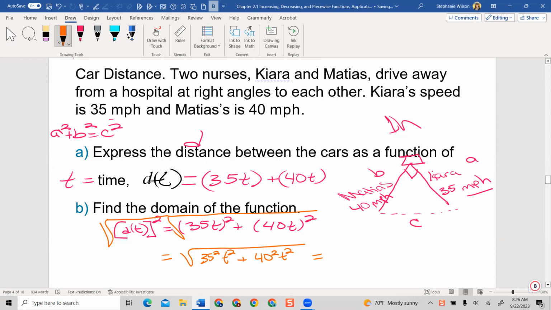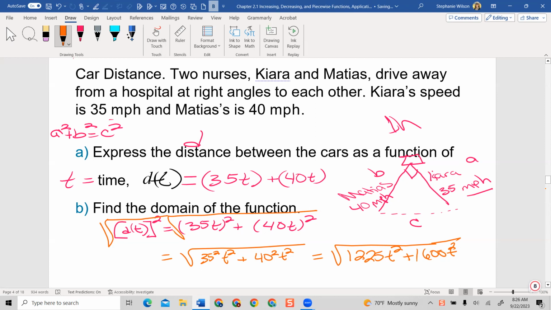I get 1,225 T squared plus 40 squared is 1,600 T squared. All right. Since the T's are alike, we can go ahead and add that 1,600 to the 1,225.